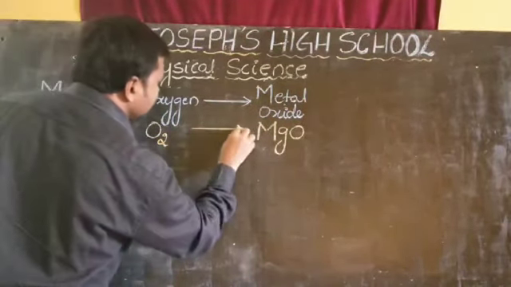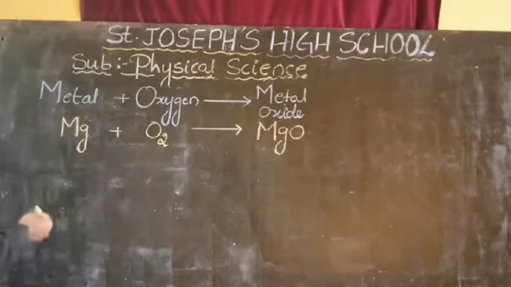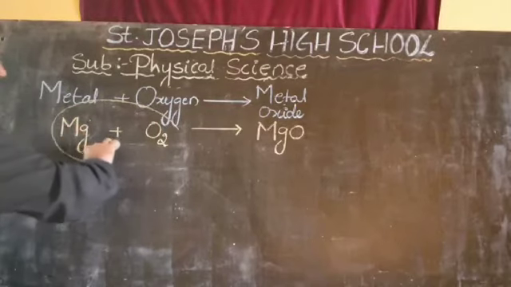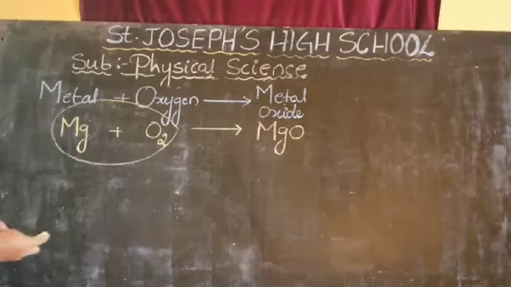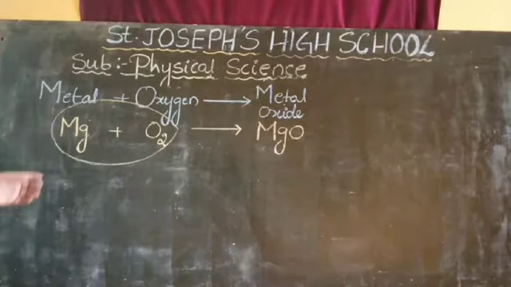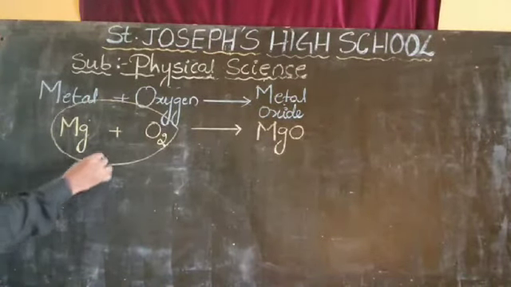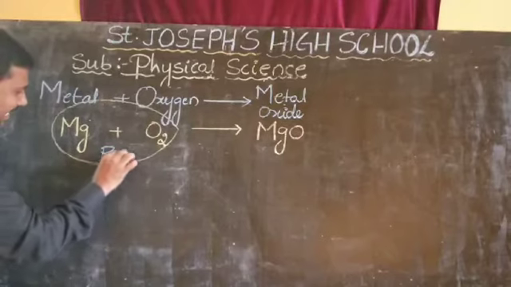Yesterday what did I say? The arrow mark indicates a reaction taking place. Whatever substances are participating in the reaction are called reactants.